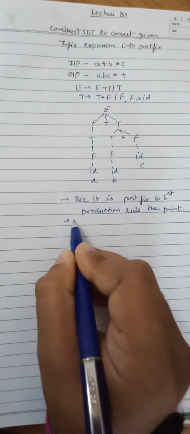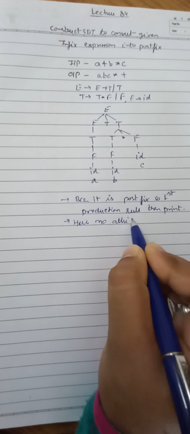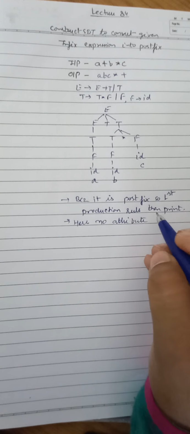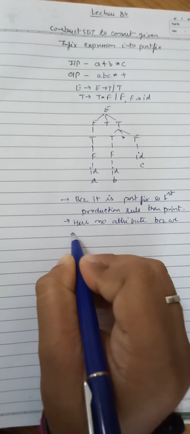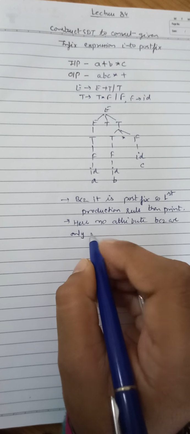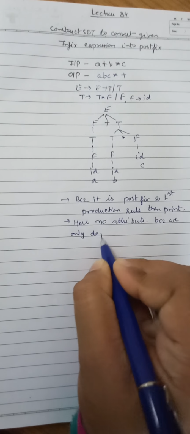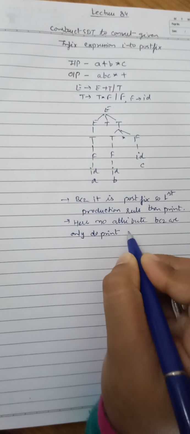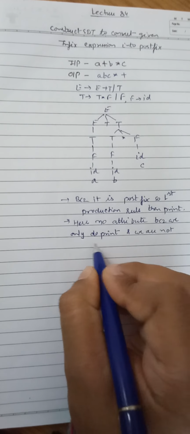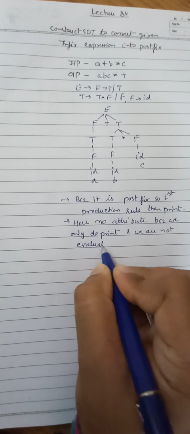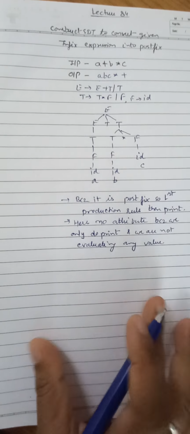And the second thing here, no attribute, because we only do print, and we are not evaluating any value. So how will we write it?